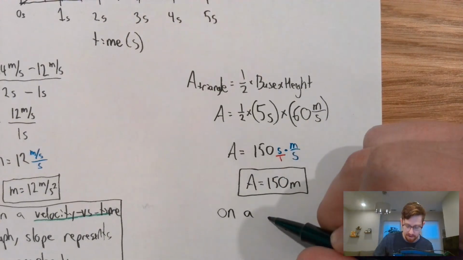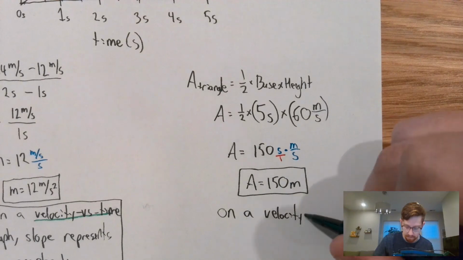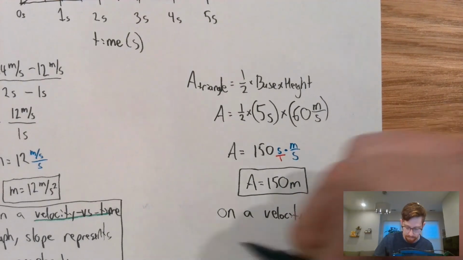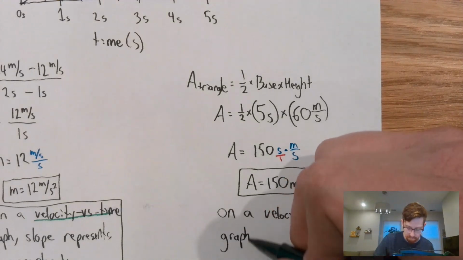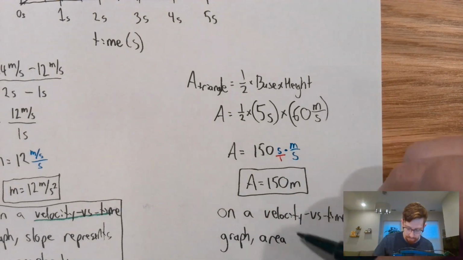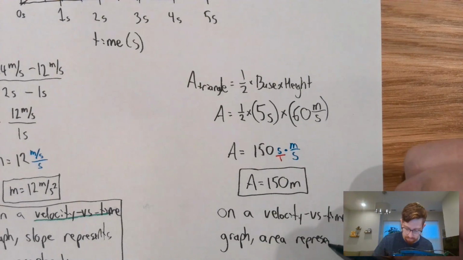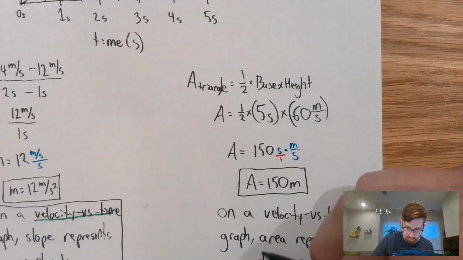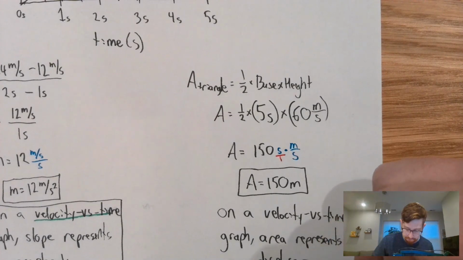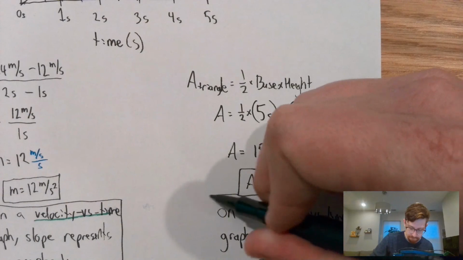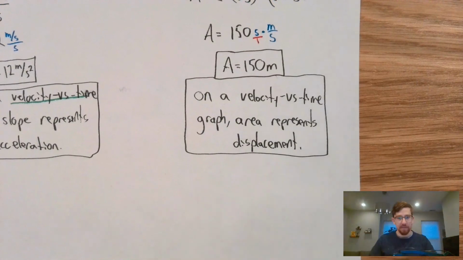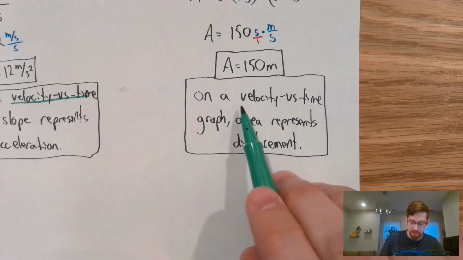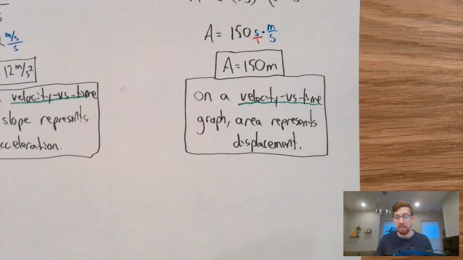On a velocity versus time graph, area represents displacement. You have to memorize this as well. This is our third fact to memorize, or just make a great note of it in your notes.